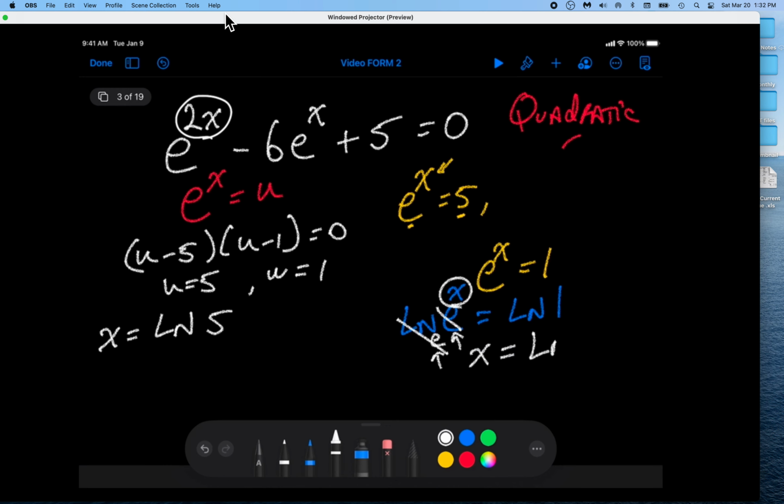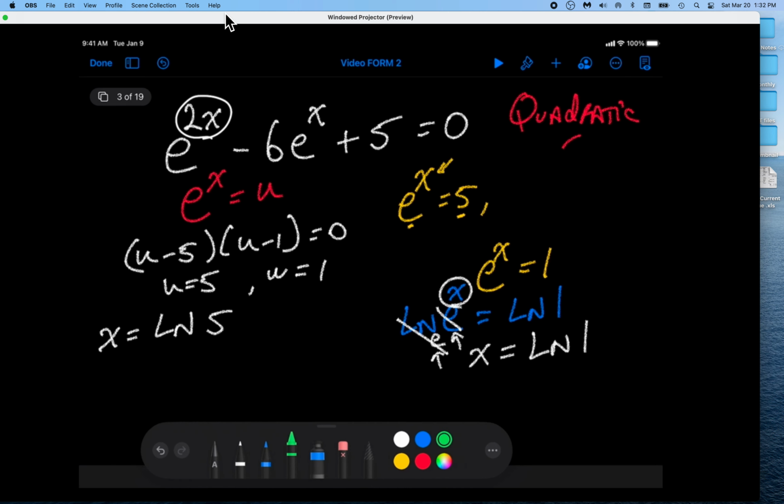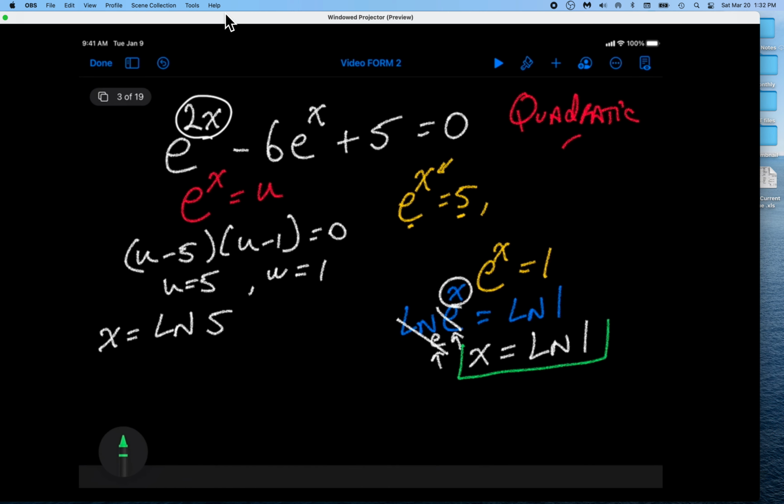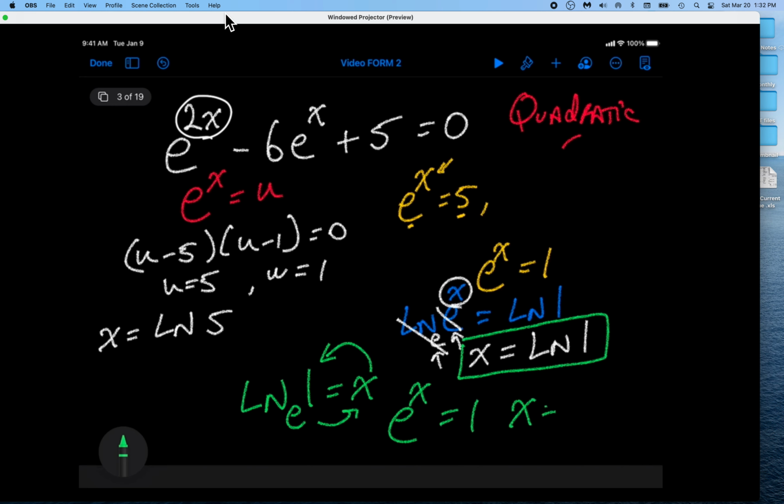So x equals ln of 1. Now we can simplify ln of 1. How do we do that? Well, if ln of 1 equals x, then there's a base e there, and if we do whirlybird, we know that e to the x equals 1, therefore x has to equal 0. So for those of you that haven't memorized that ln of 1 equals 0, that's how you derive it.